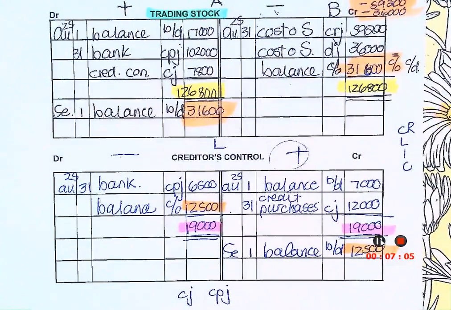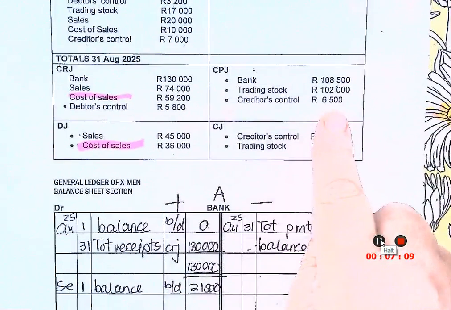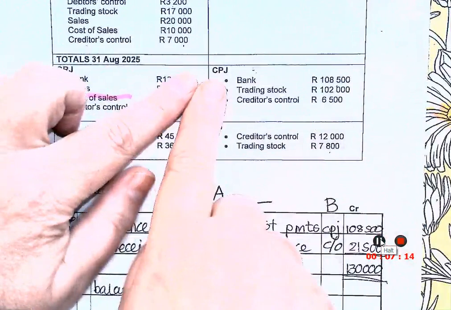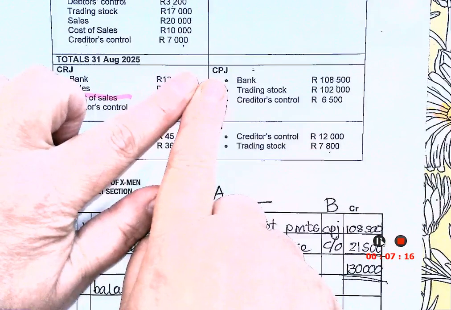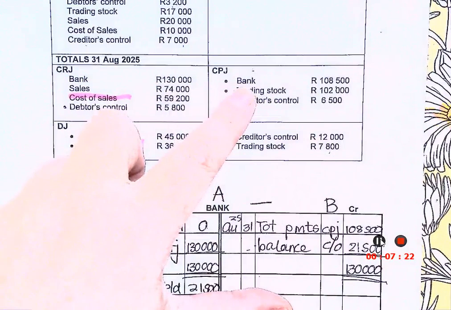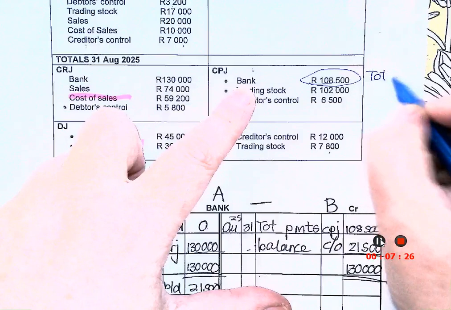So her question is, why did I use creditors control's amount and not the bank amount? The cash payments journal shows me all the money that goes out of my bank. So if I look at bank, this is the total money that I paid out of the bank that month.